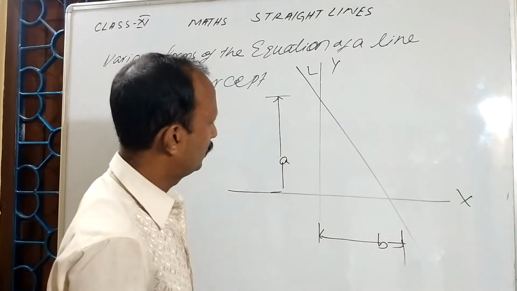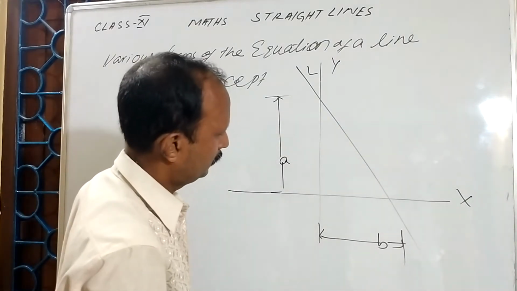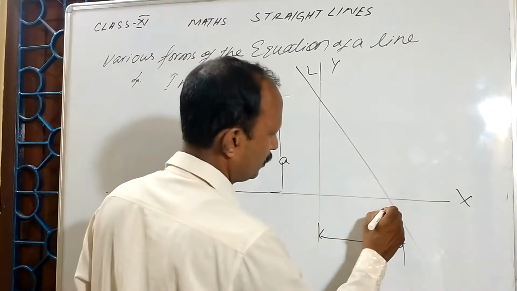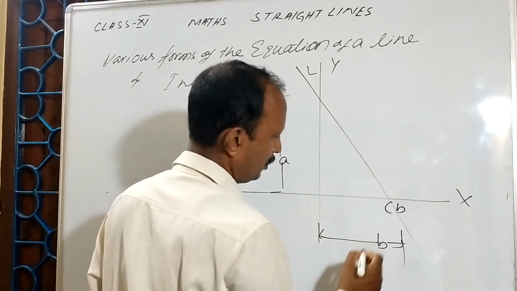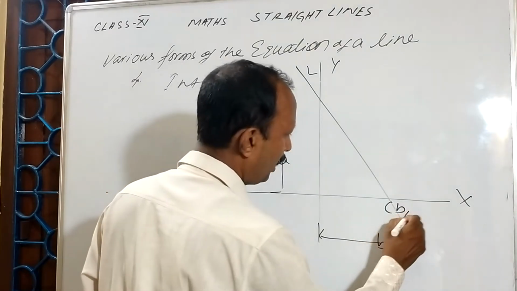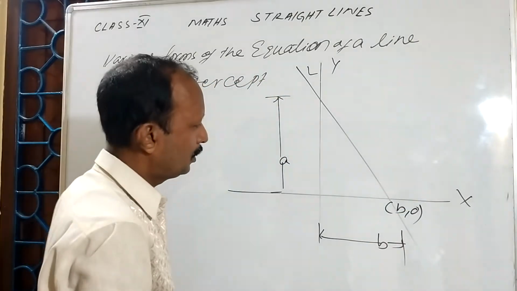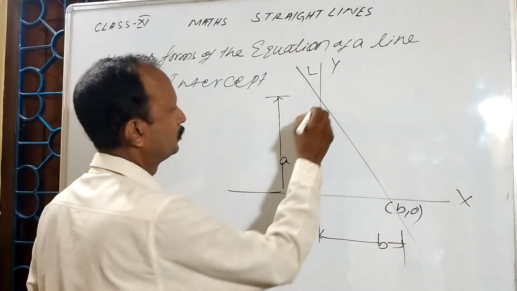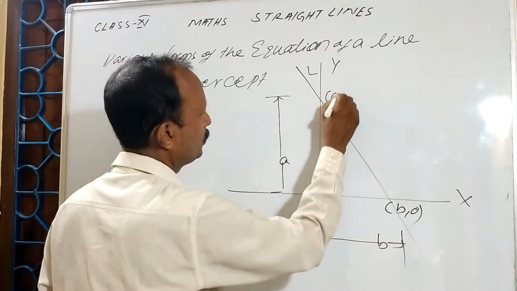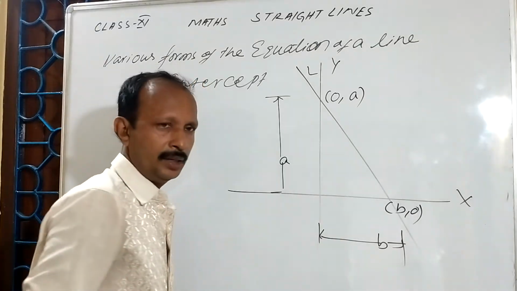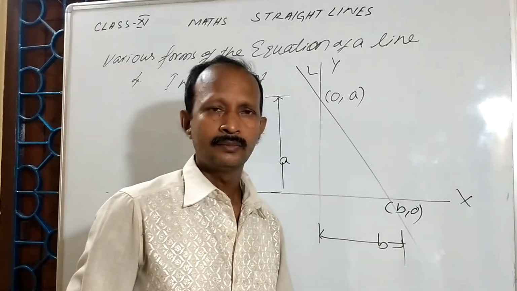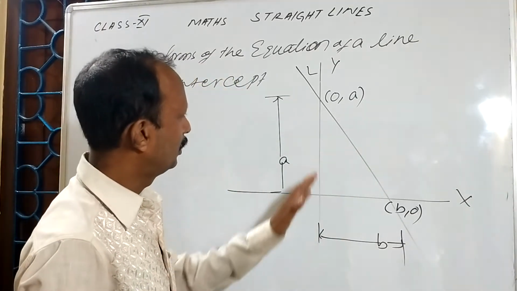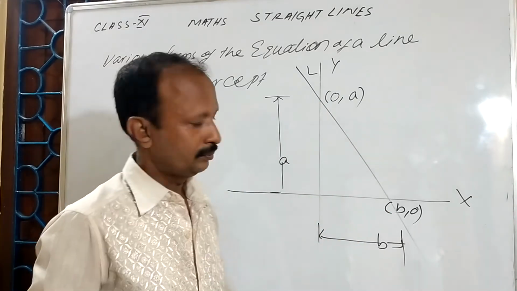That means I can take that this is (b, 0) and this is (0, a). Now you see, we got the 2 points.